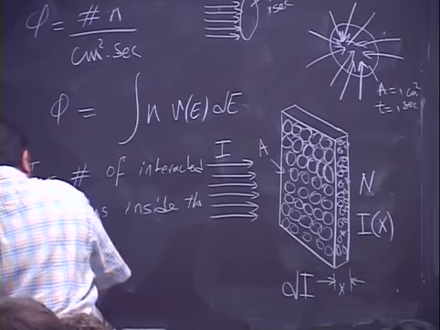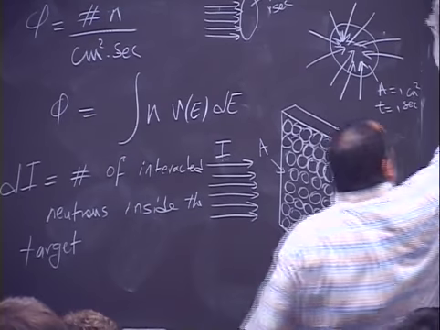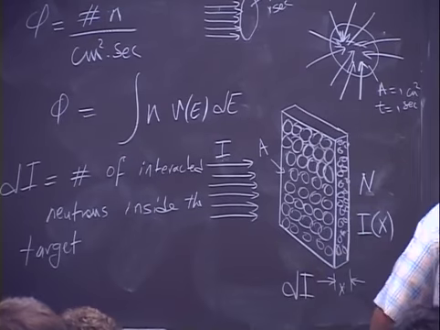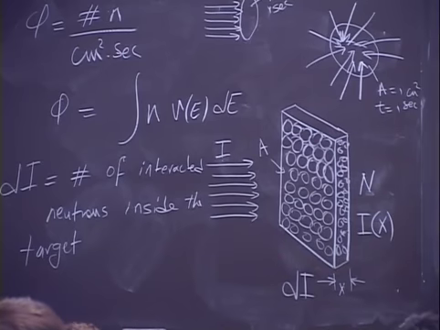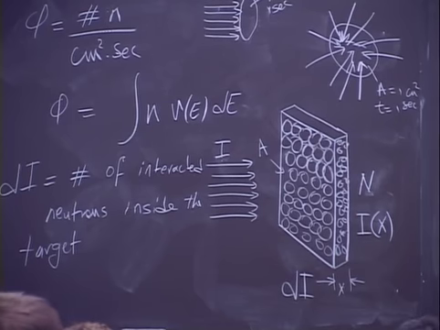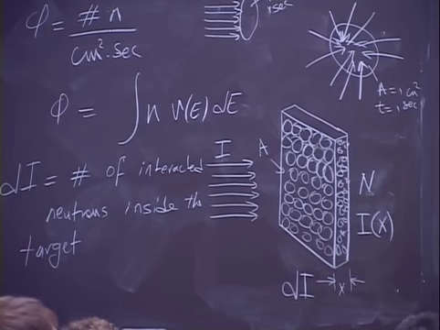How will we correlate those interacted neutrons inside the target with the target property and also with the neutron beam?